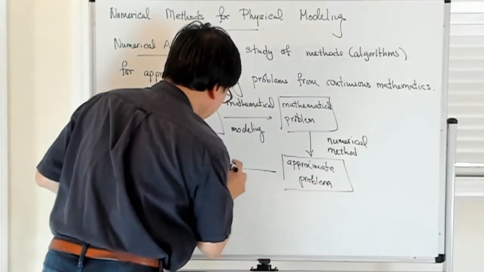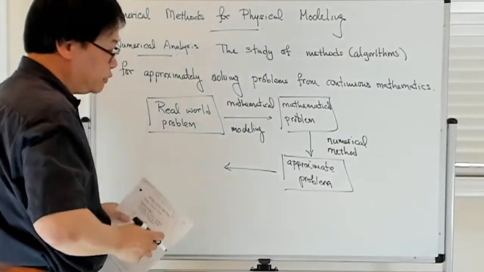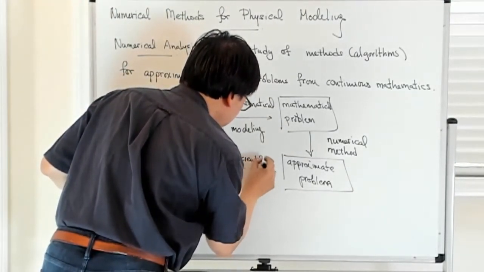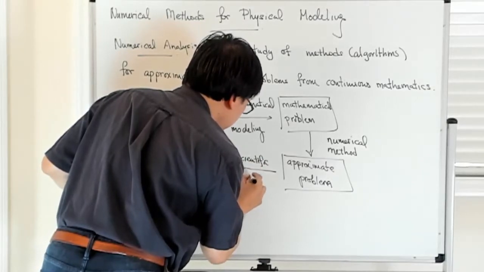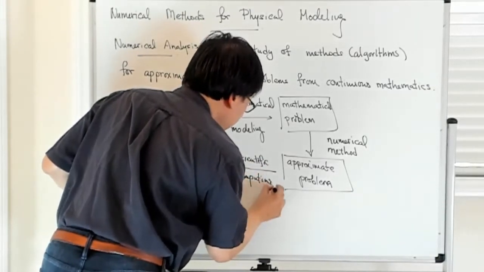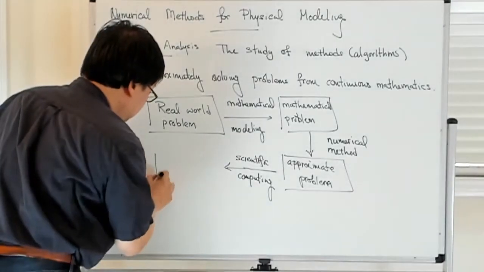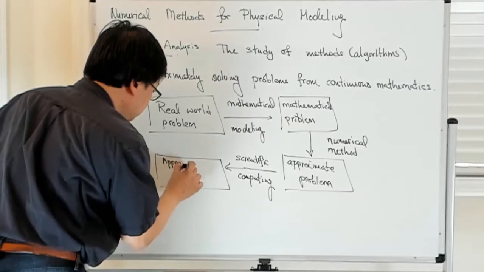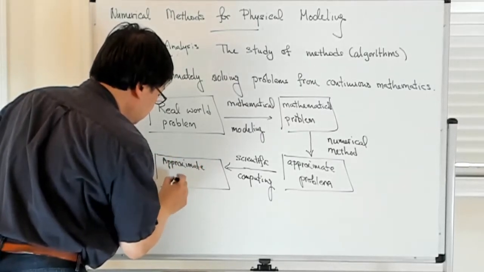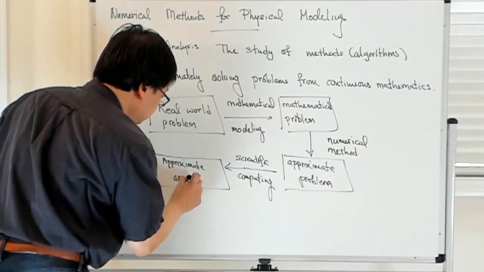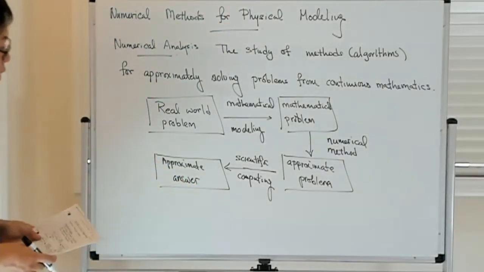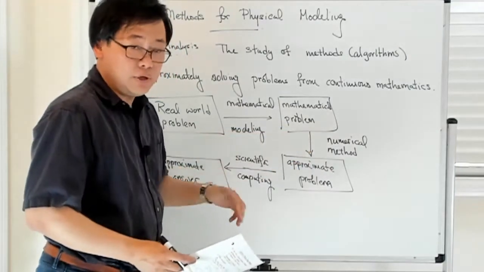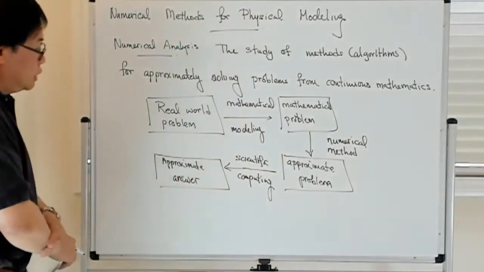And then what happens is that you do some sort of scientific computing to give you an approximate answer. Oftentimes the distinction between the numerical method and the scientific computing is blurred.